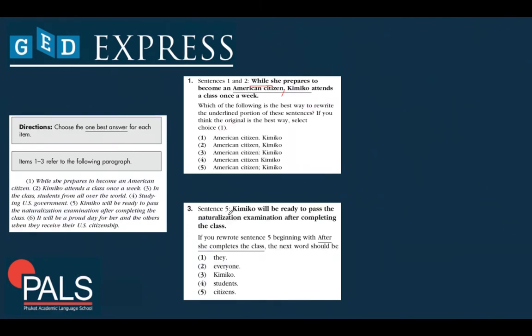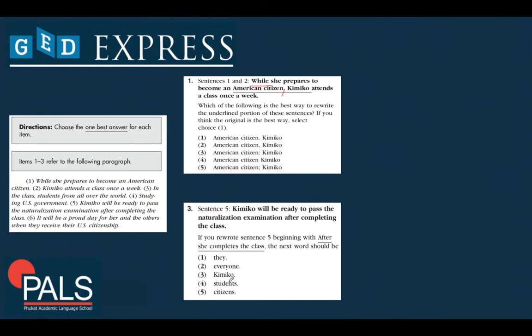Let's see number 3. Sentence 5. Kimiko will be ready to pass the naturalization examination after completing the class. If you rewrote sentence 5 beginning with "after she completes the class," the next word should be... okay.